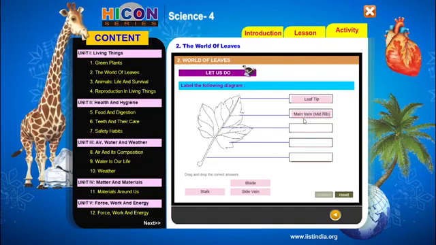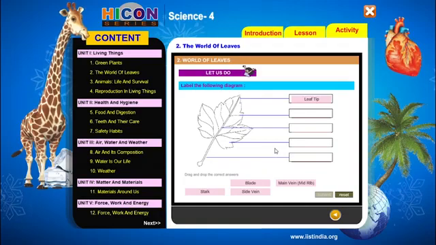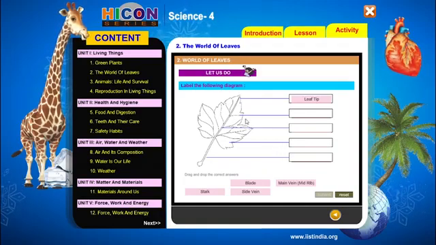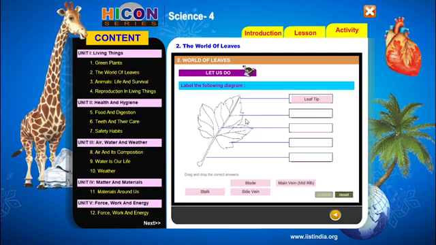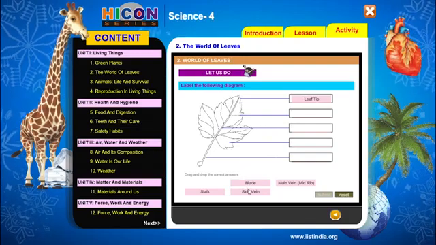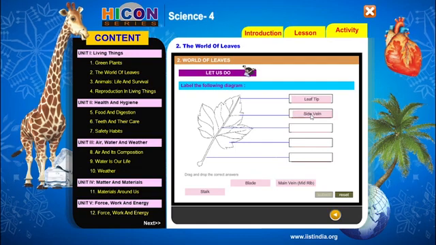Next. Here the part represents the small tubes, that means the thin tubes from the middle tube. Those thin tubes from the middle tube are called side veins. So write the answer side vein in the box.